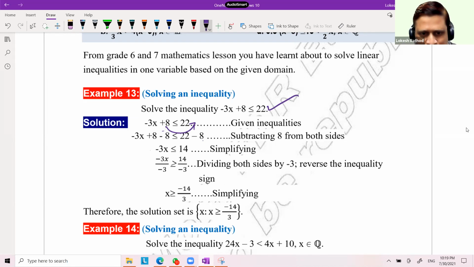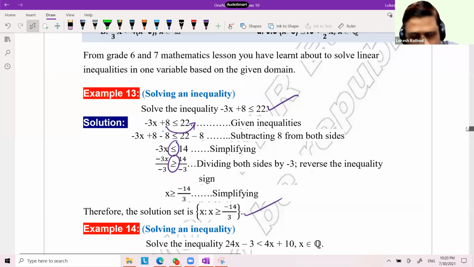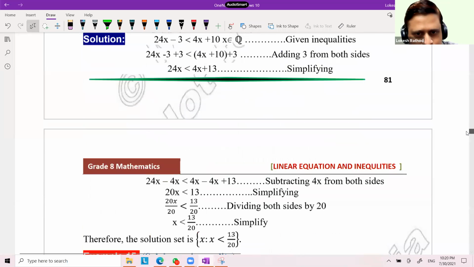And you divide by minus 3 on both sides. Minus 3 goes to that side, same thing. Since you are dividing by minus 3, yes, the sign of the inequality changes. That's all. Just keep this in mind. Otherwise, it's fine, right? And so the answer is x greater than minus 14 over 3. We'll do a few questions on this.